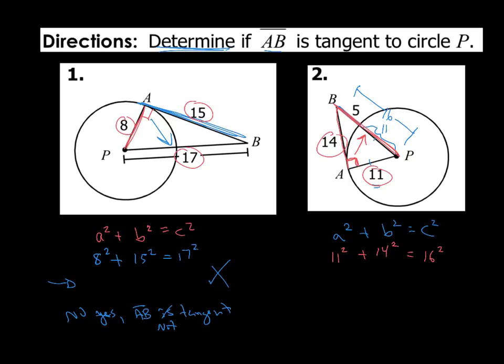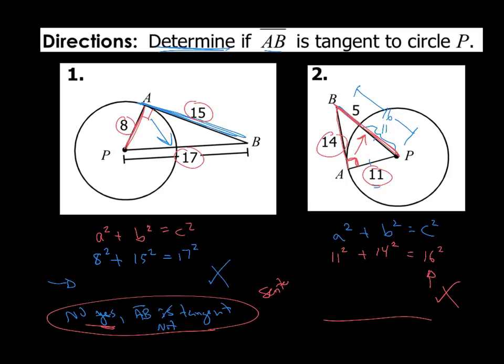Now, one way to remember not messing up where we put the hypotenuse is to pay attention that the hypotenuse is the longest side. And again, if yes, then yes, give me that sentence, and if no, then no, it's not tangent. That's our final answer here, a sentence that describes whether or not the line segment AB is tangent to circle P.